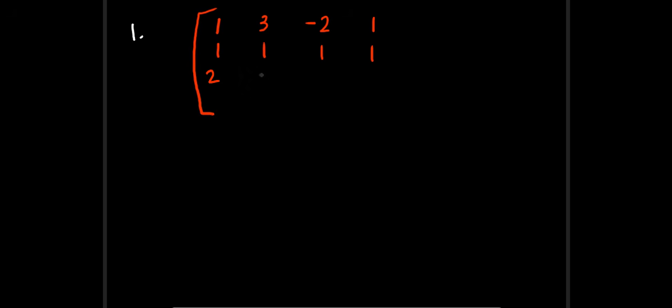Third row being 2, 0, minus 3, 2, and the last row 3, 3, minus 3, 3. Okay, so as before, the first thing to do is to give it a name. So let's call it A.